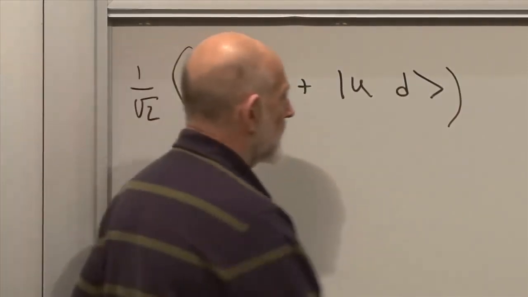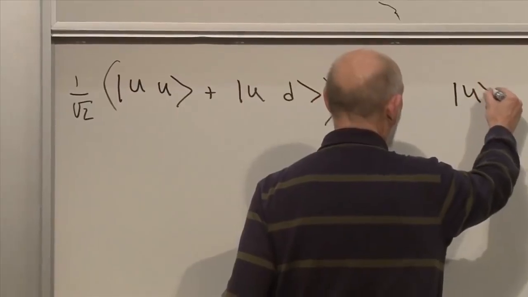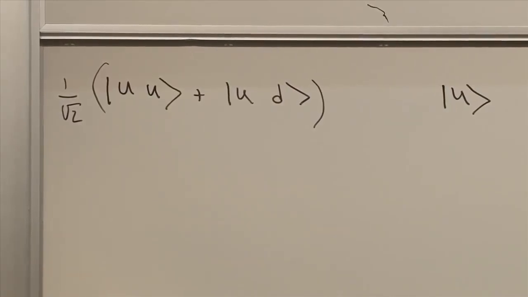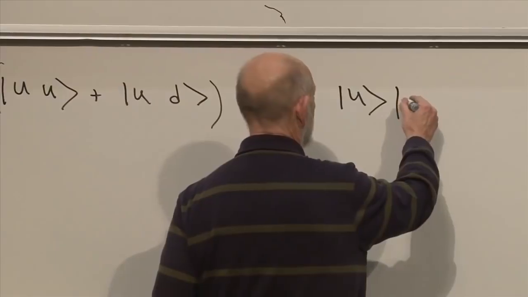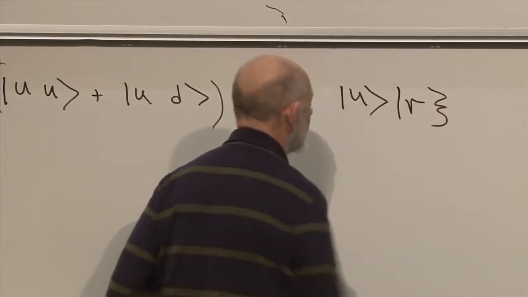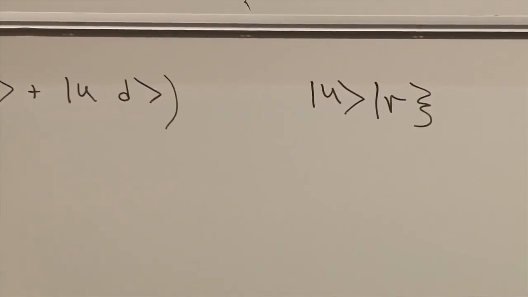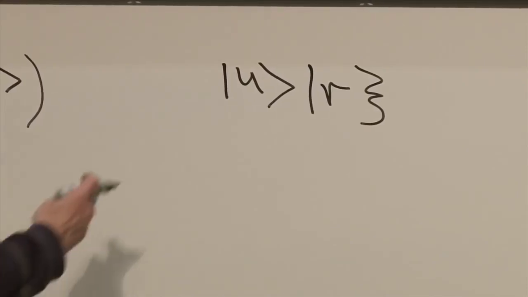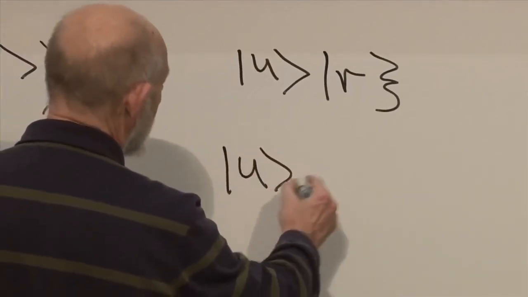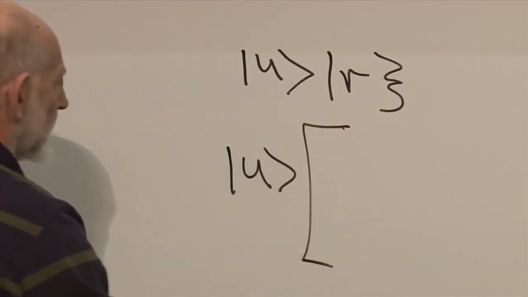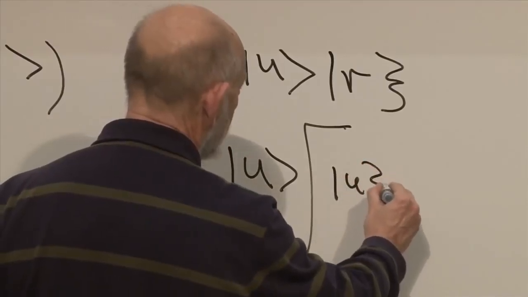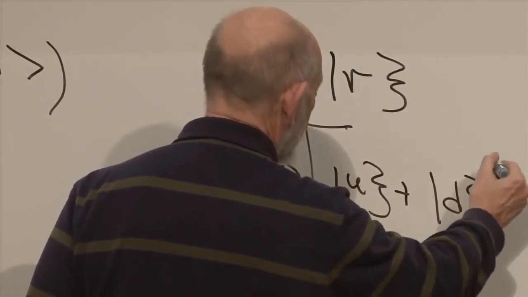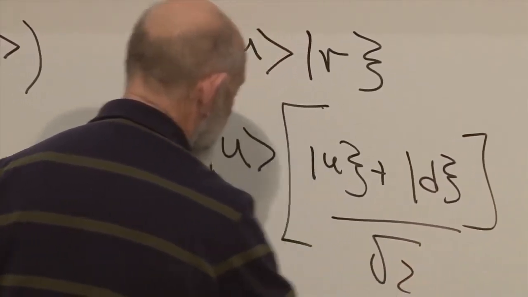Think of it as a product of up for sigma and right for tau. Now, what is right? Right is up plus down, right? So this can also be written as up times, and I'm going to put a big square bracket around it, up plus down. But if I want to normalize it, I should put a square root of 2 downstairs.